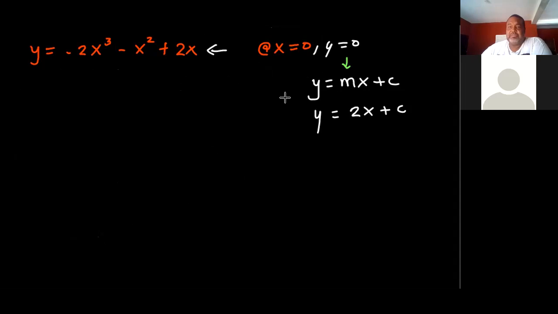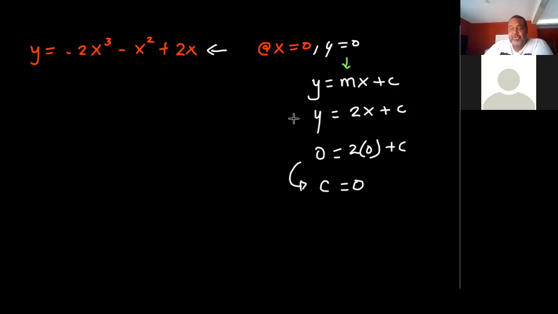All right, so now, when y is 0, x is 0. Therefore, c is equal to 0, right? So this is just algebra, right? This is 0 is equal to 0 plus c. So c is equal to 0.